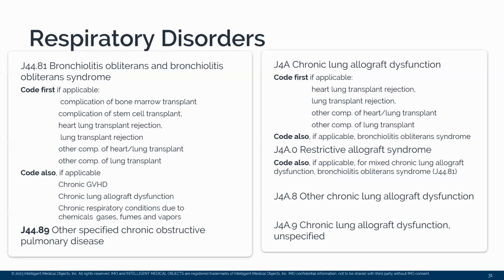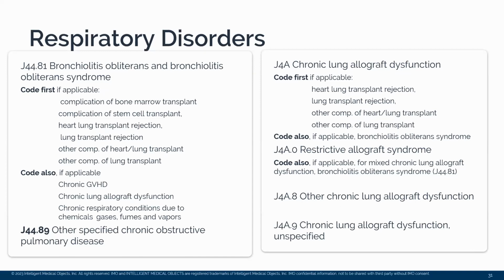And at J4A.0, there's a note that if it's documented as mixed chronic lung allograft dysfunction, you would code the J4A.0 and add J44.A1 with it. As my example shows, there are lots of instructional notes to pick up the transplant and any other conditions that exist, so you'll want to pay attention to those if you have to code this.